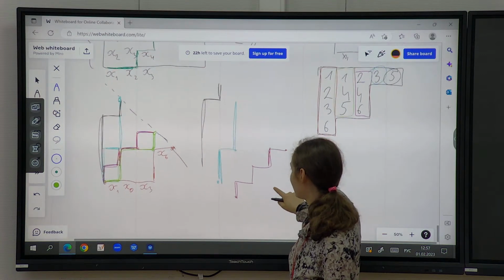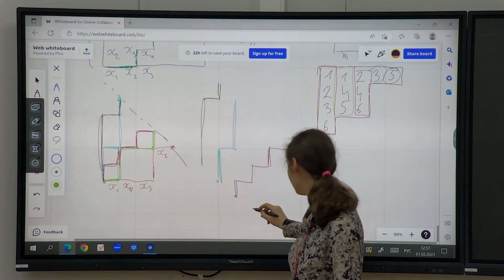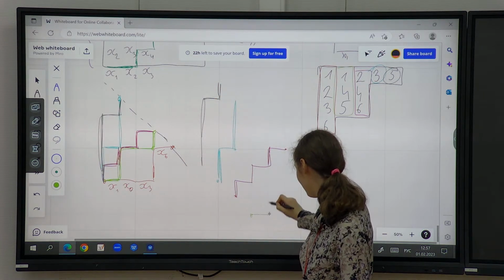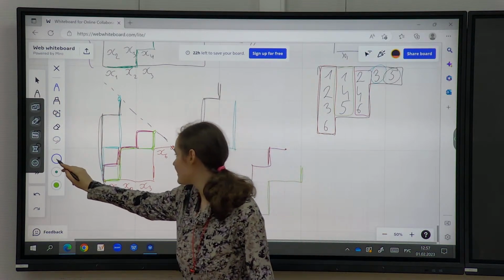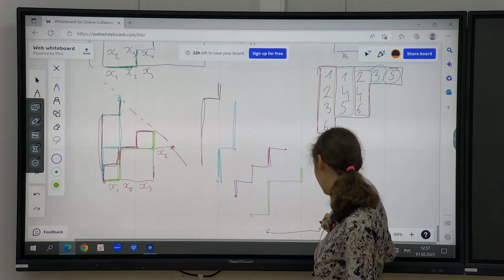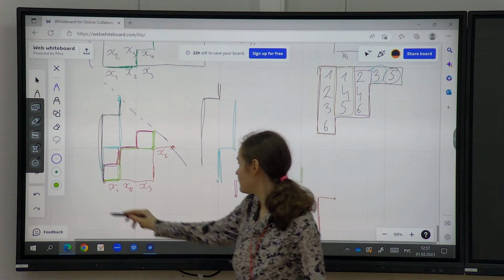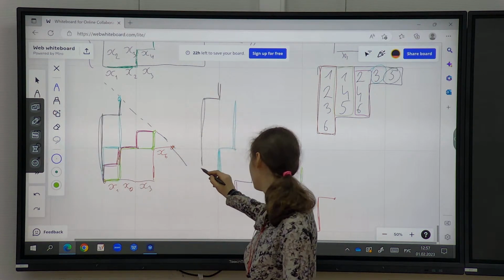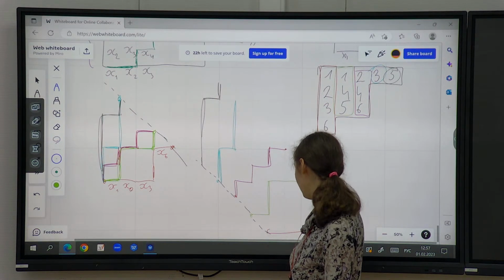and the green one goes like this, and the red one, 1, 2, 3, 1, 2, 1, like this. So they start on this diagonal.